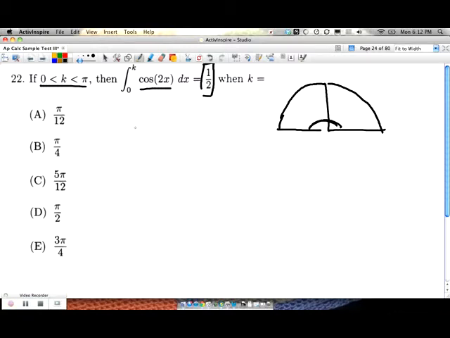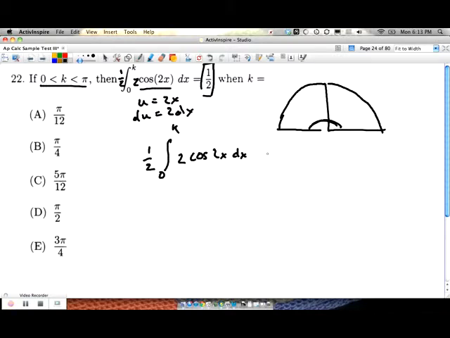If I have cosine of 2x, first I need to balance it a little bit. If I say u equals 2x, du equals 2 dx, that means that we need a 2 in here as part of this u and u prime thing. So if I put a 2 inside, I need a 1/2 outside. So I'm doing 1/2 integral from 0 to k of cosine 2x dx.